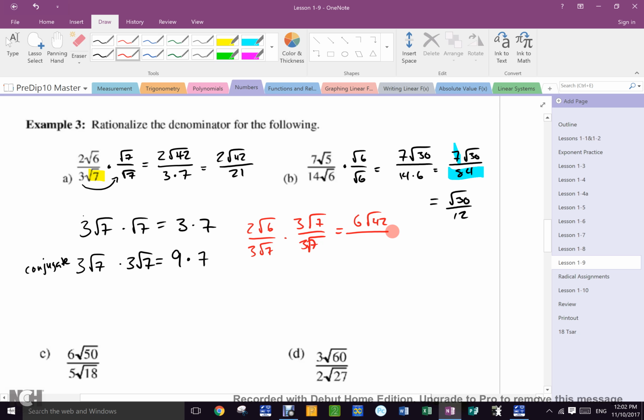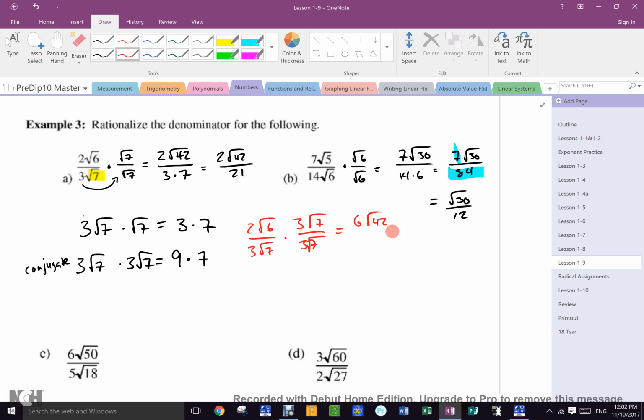Now, 6 and 63 will simplify, right? Because what goes into both of them? 3. How many times does 3 go into 6? Twice. How many times 3 go into 63? 21. And I end up with 2 root 42 over 21. And you see how I get the same answer.